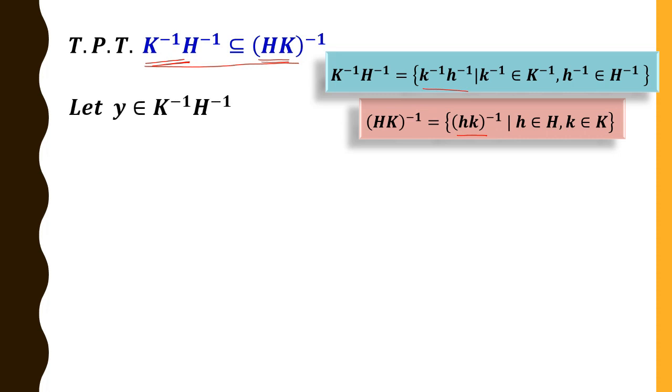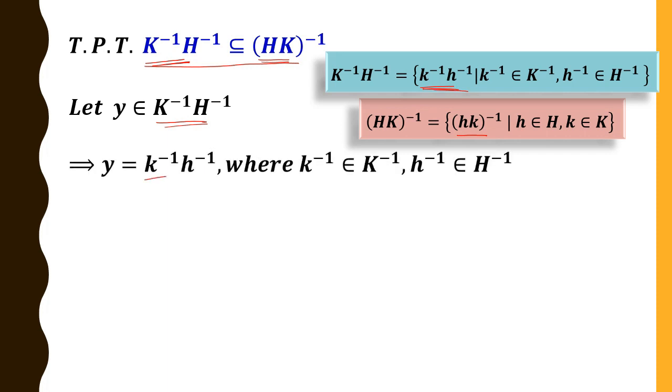Let y belong to K⁻¹H⁻¹ be an arbitrary element. Now, if y is an element in K⁻¹H⁻¹, it must be of this form. Therefore, y is equal to k⁻¹h⁻¹, where k⁻¹ belongs to K⁻¹ and h⁻¹ belongs to H⁻¹.